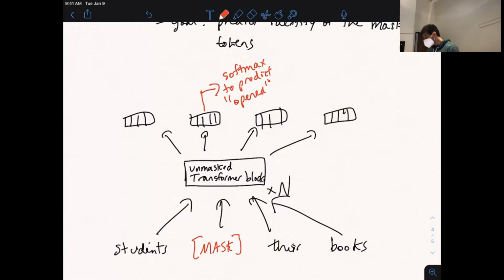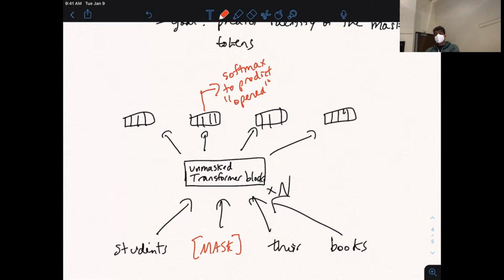Yes? Suppose we have more than one mask token and we want to predict, say, 10 words inside a paragraph. Does it matter how we initialize the mask token with the embedding? So the question is, suppose we have more than one mask token in a given sequence. And usually when you're doing this kind of training, you have more than one mask token.